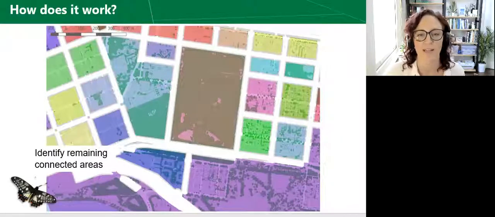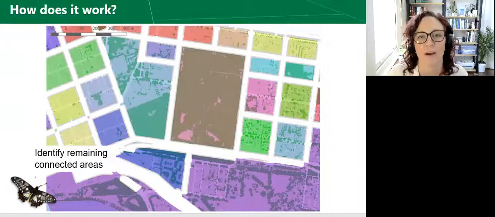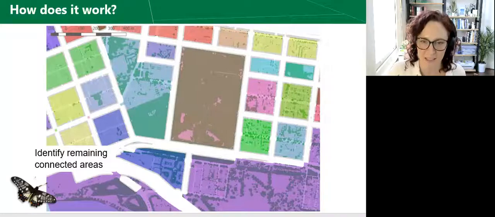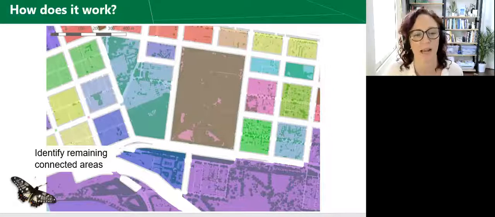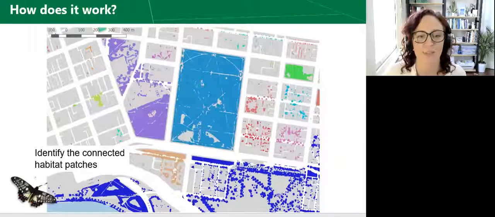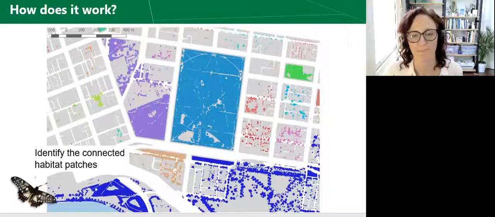Once we've worked out how roads are affecting the connectedness of the landscape, we can then identify the remaining connected areas. And so those are coloured here in different colours. So habitat patches that are the same colour are part of the same connected area. And as you can see here, we can then identify the connected habitat patches.